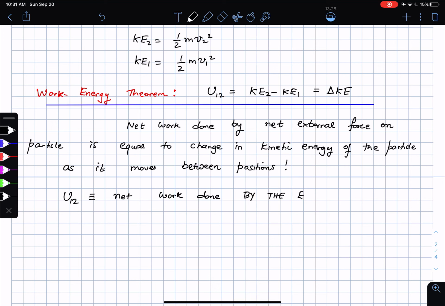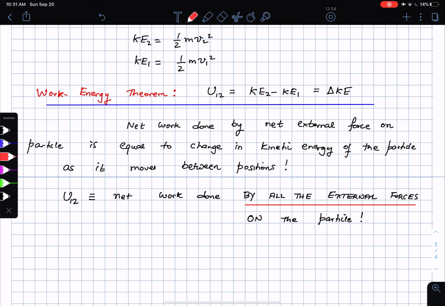So let me backtrack, by all the external forces on the particle. Okay, so this is the work done by the net external force. So by all the external forces on the particle. That is a very important statement.